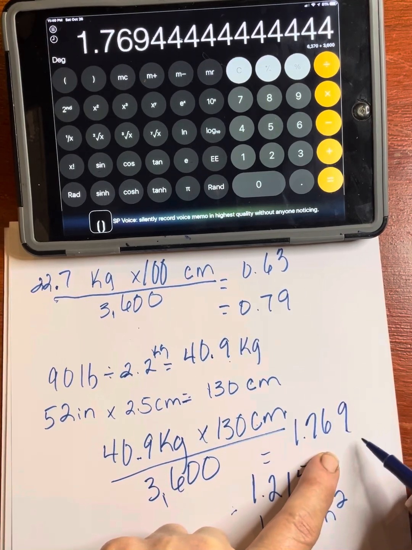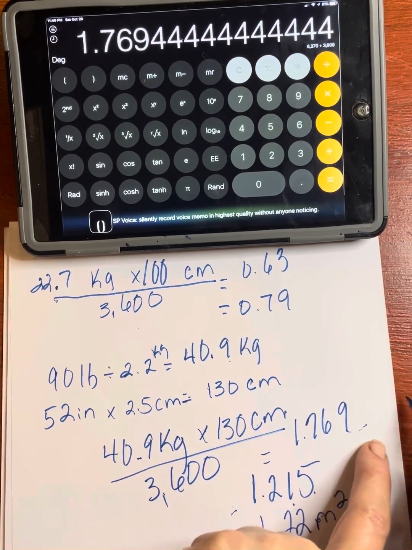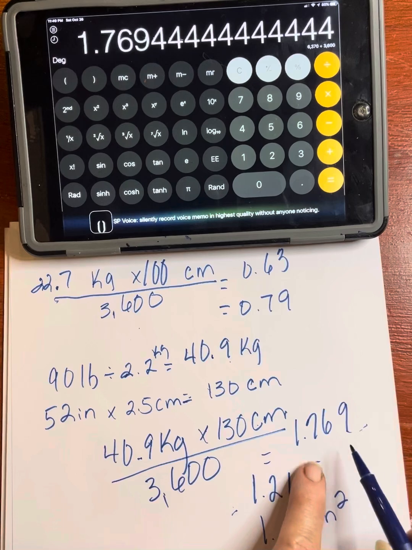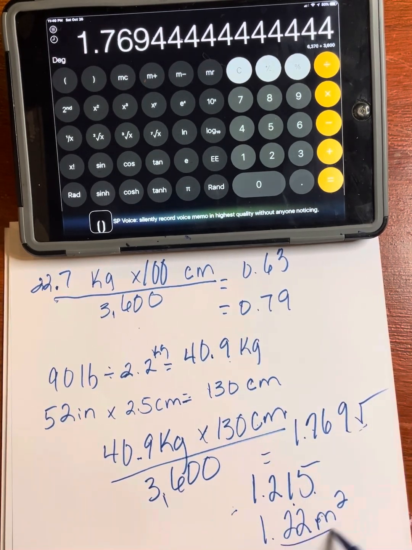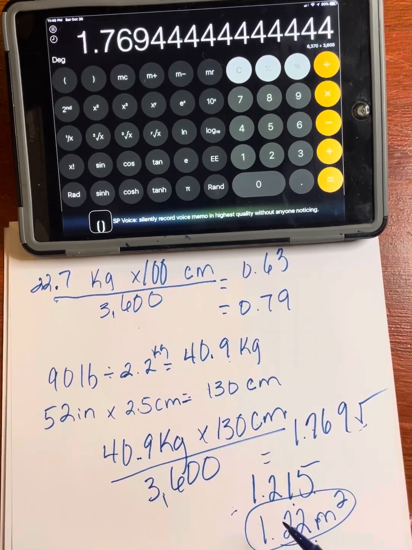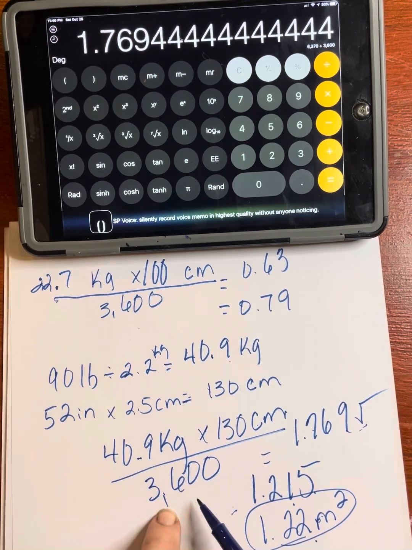I'd just let her know exactly where this was trailing us to. Because after that, you have to hit the square root to get your final answer. And that's as much help as I can give you. It's 2.5 centimeters times the height in inches, and then just that 3,600.